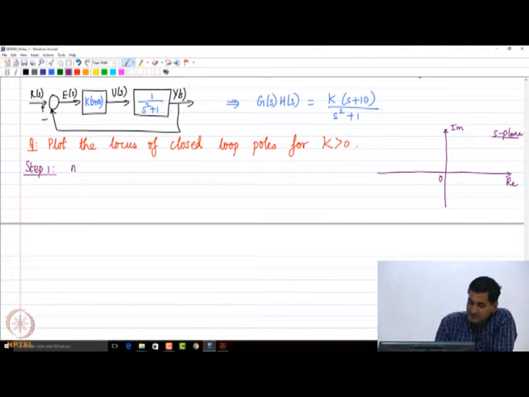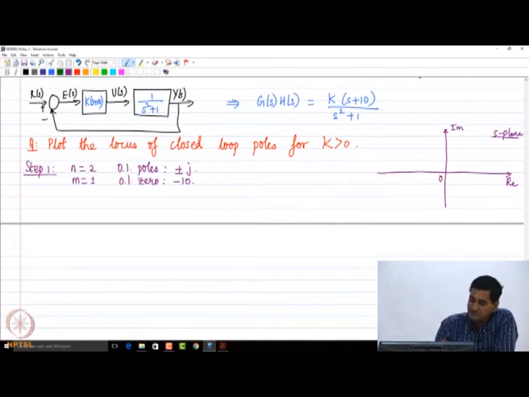So, in this example, the value of n is 2. What is the value of m? 1, right. And what are the open loop poles? Plus or minus j, and we have an open loop zero at minus 10.